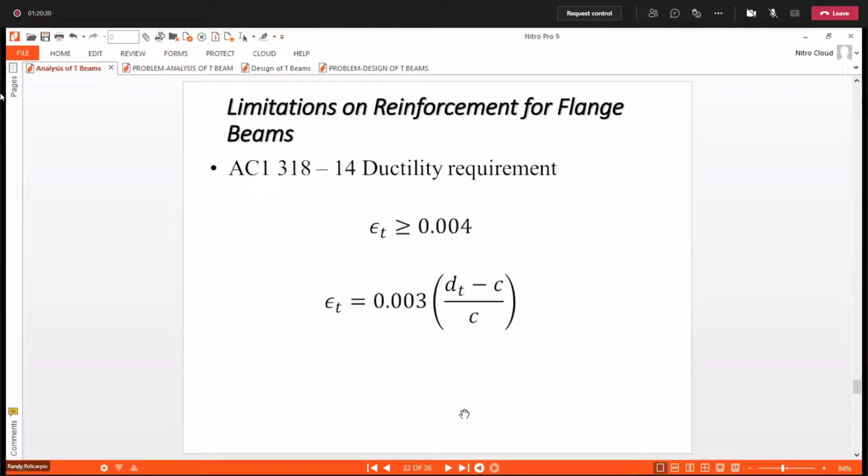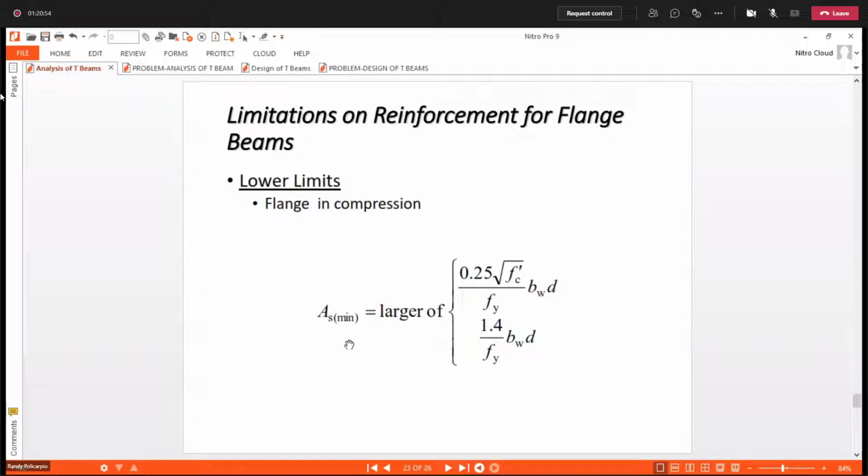Okay, for the new code, the ductility requirement, same as for the singly reinforced beam, no? Kung paano natin kinukuha yung ductility requirements sa singly reinforced beam, so ganito rin.